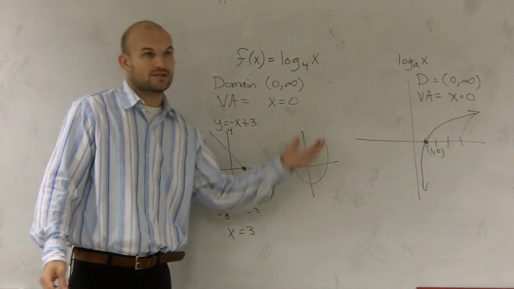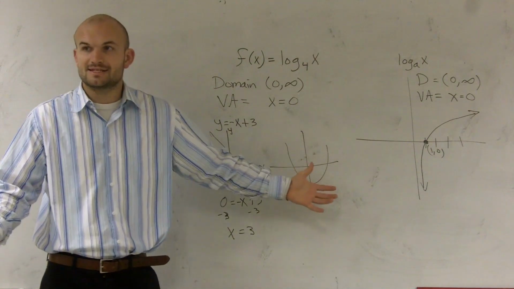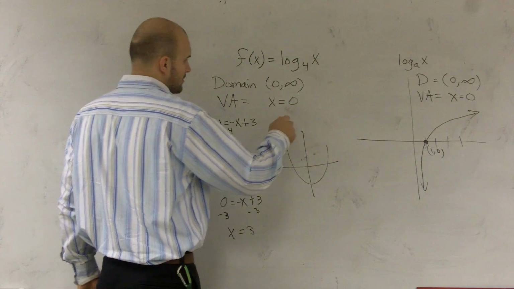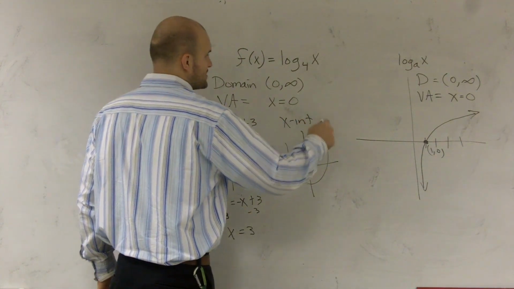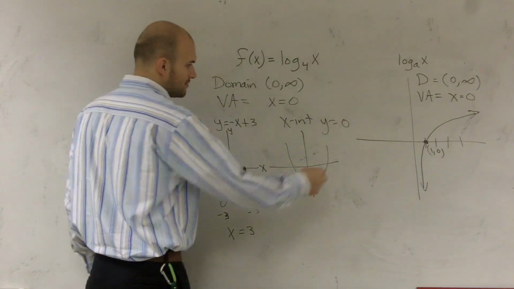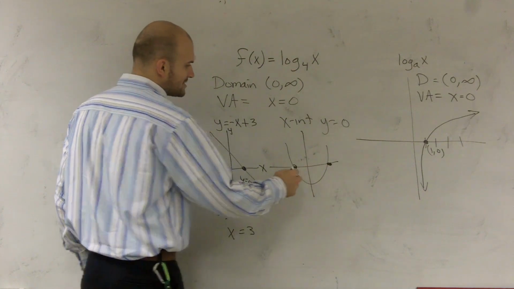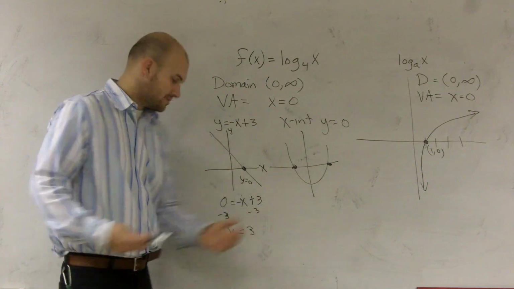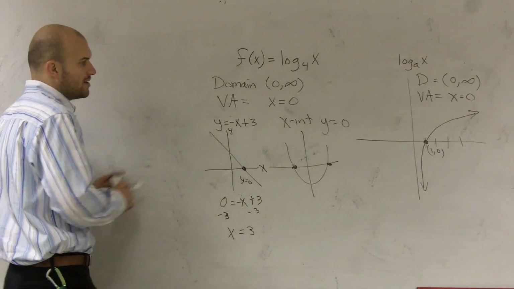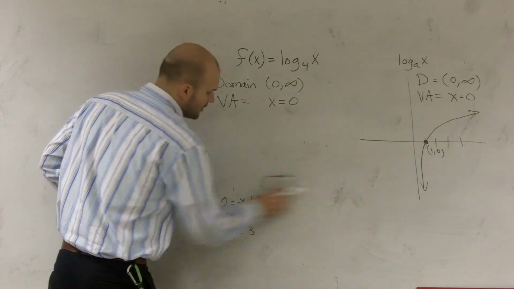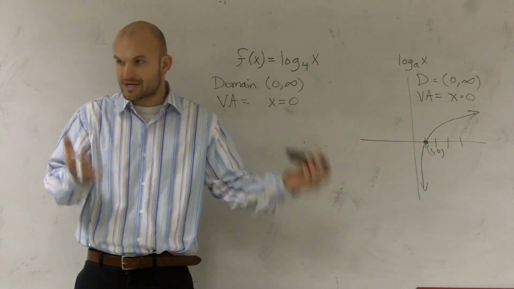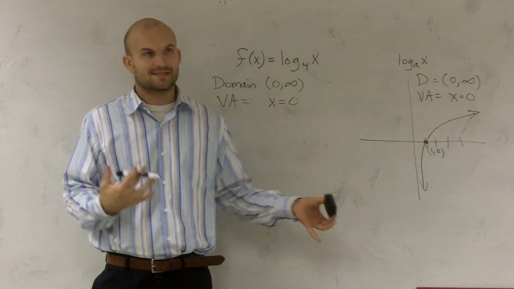Then, if you're looking at, remember we did quadratics, we said, hey, what was the x-intercept? The x-intercept is when y equals 0. At both of these two points, the y value is 0. Okay, so when we talked about rational expressions, what did we do? We plugged in 0 for y, and then we had to multiply the denominator of the rational expression on both sides and cancel that out.